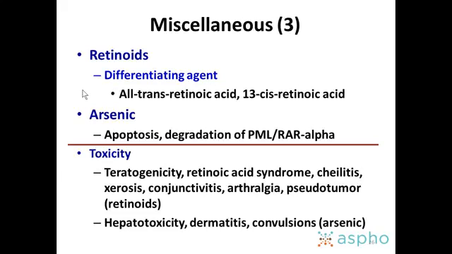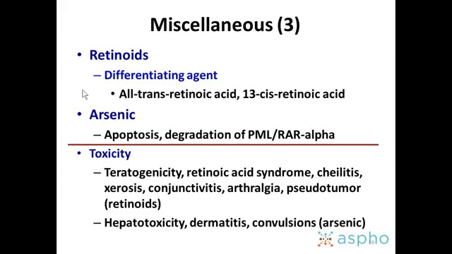The main toxicity is teratogenicity. That's why you've got to fill out that I-pledge form. It can also cause retinoic acid syndrome, which is usually manifested with cardiac and pleural effusions, fever, respiratory distress. They can also cause cheilitis, xerosis, conjunctivitis.